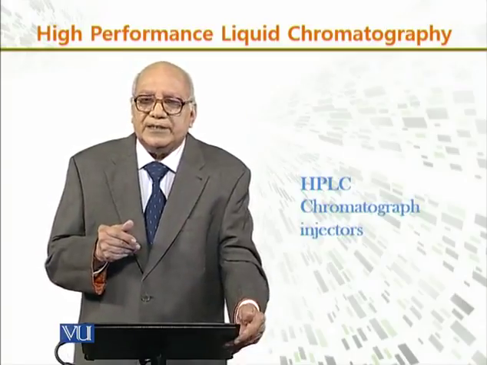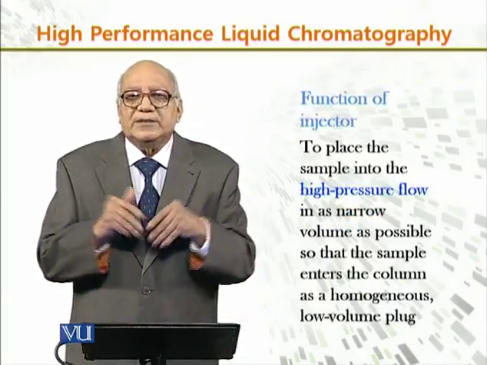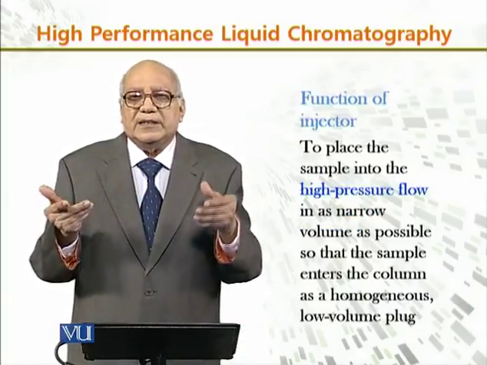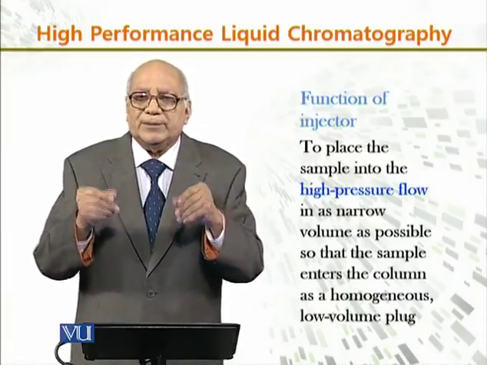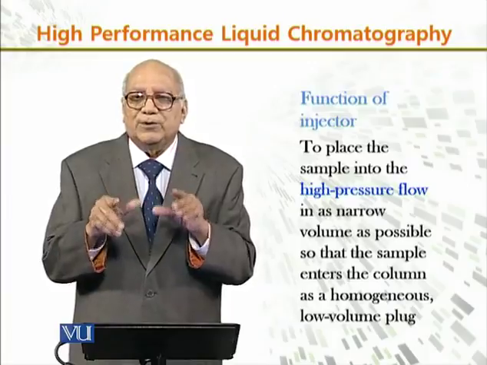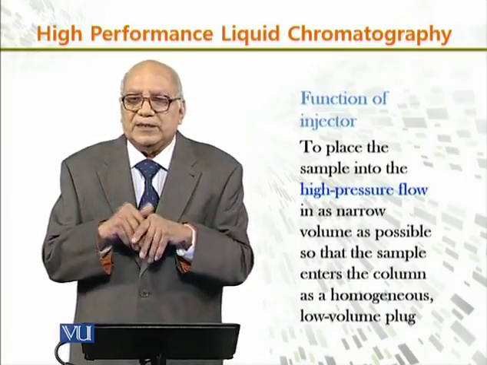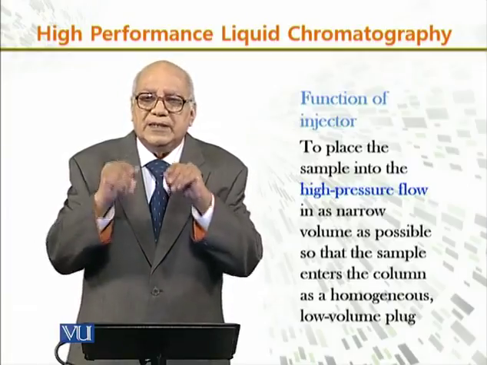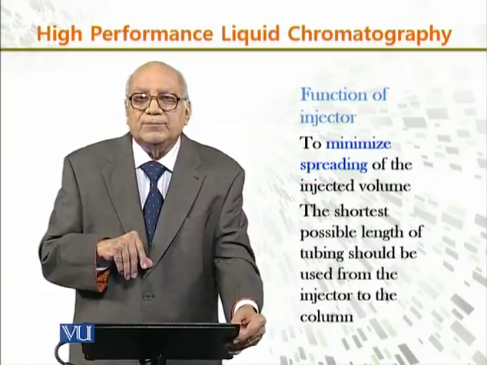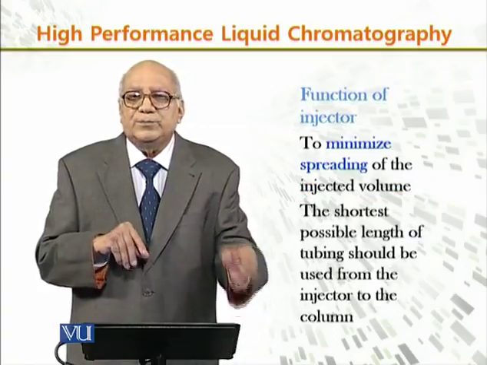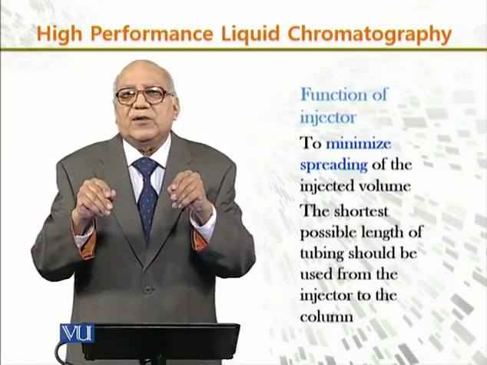Now, the HPLC chromatograph injector: its function is, as a matter of fact, to place the sample into the high pressure flow in as narrow a volume as possible, so that the sample enters the column in a homogeneous low volume plug, and then to minimize the spreading of the injected volume.